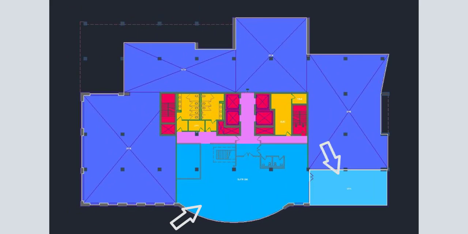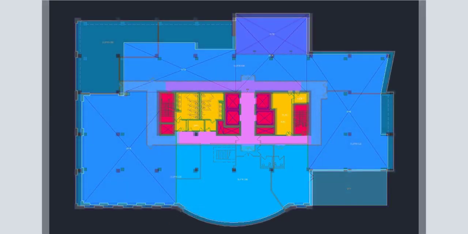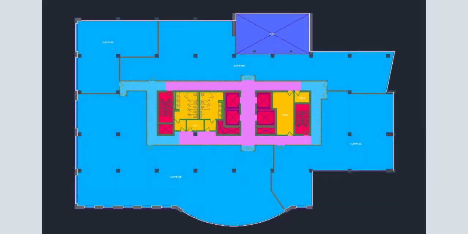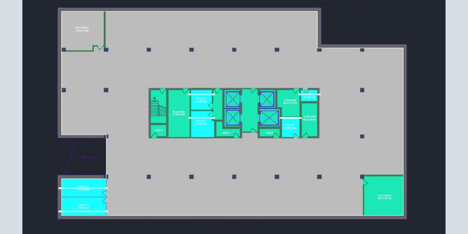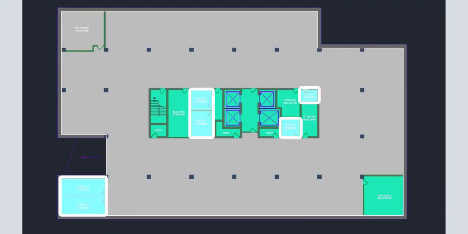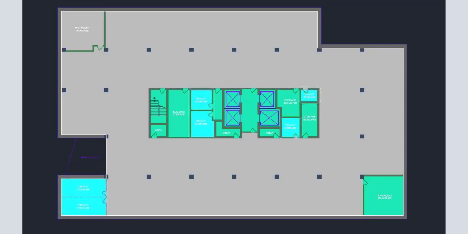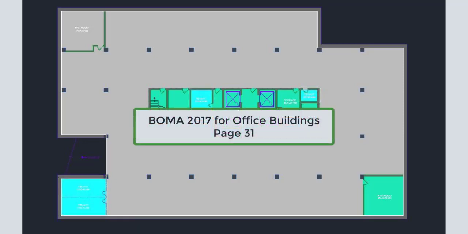Tenant storage rooms may also be included in the tenant area polyline, but only on floors with office area. For example, a tenant storage room located off the corridor of an office level floor will be included in the tenant area, while a tenant storage room in a parking garage will not. Tenant area is discussed further in BOMA 2017 for office buildings, page 31.